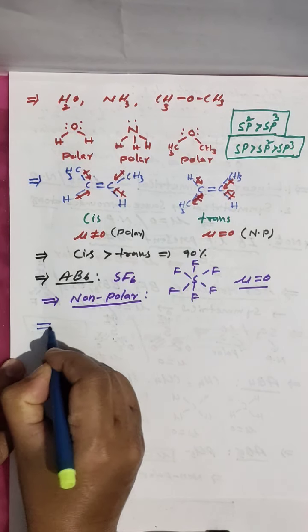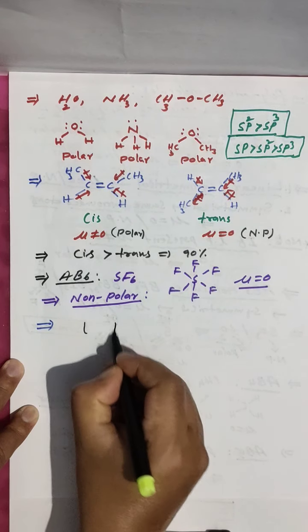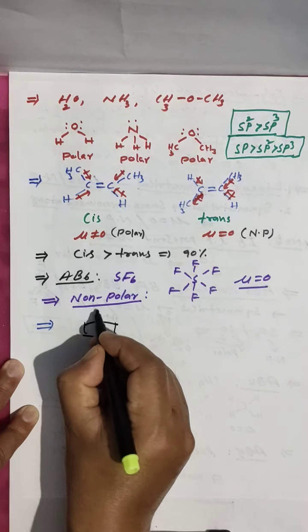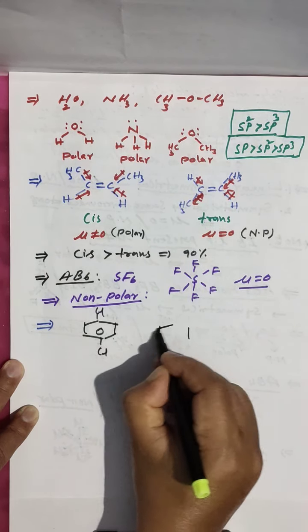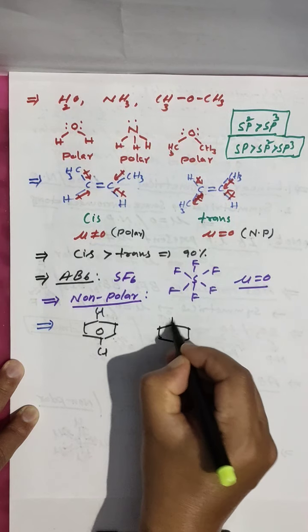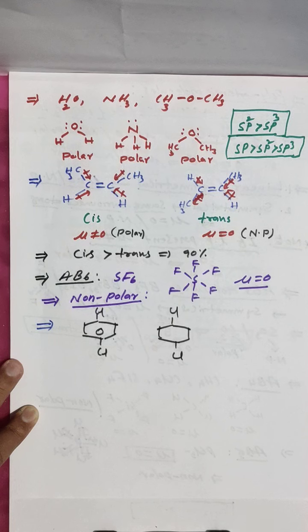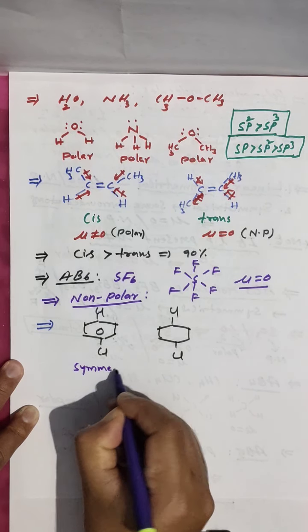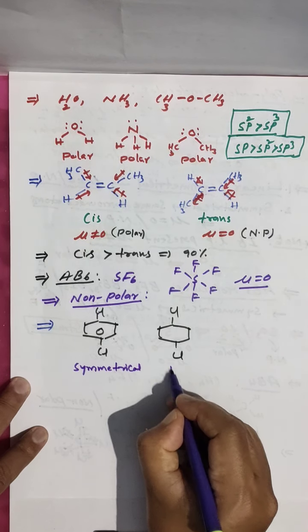And the last example I will show. See here, benzene I am taking, here chlorine and here chlorine. Cyclohexane I am taking, and here chlorine and here chlorine. Now, one is a symmetrical molecule, but the other is not symmetrical.